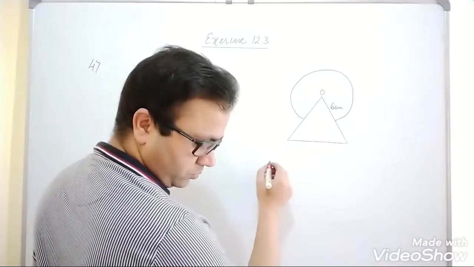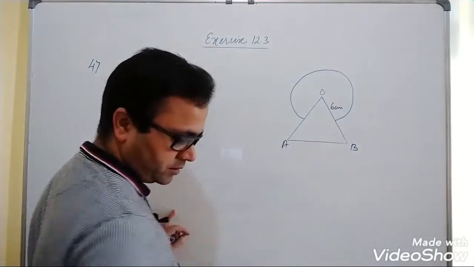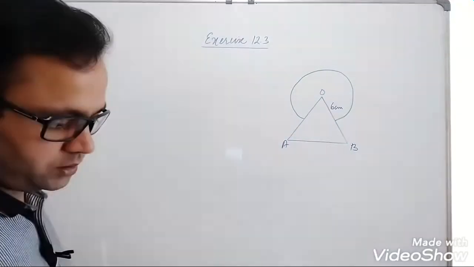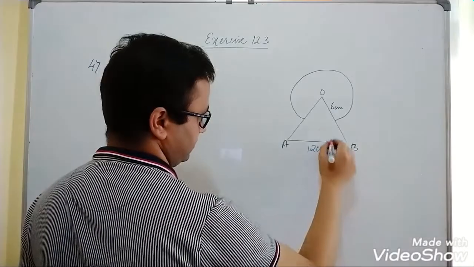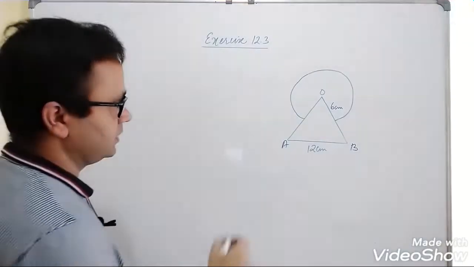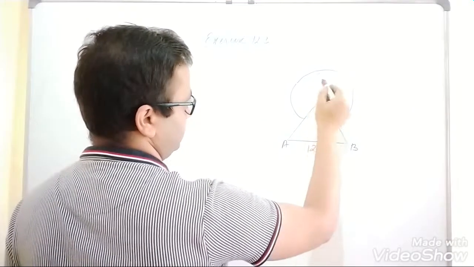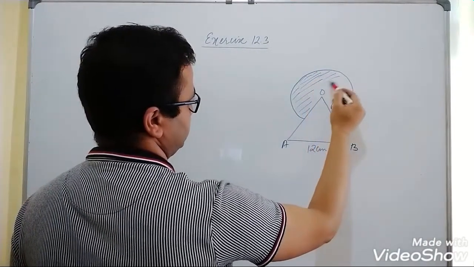So OAB is an equilateral triangle of side 12 centimeter. So the sides of the equilateral triangle are 12 centimeter. We need to calculate the area of the shaded regions. All the regions are shaded.